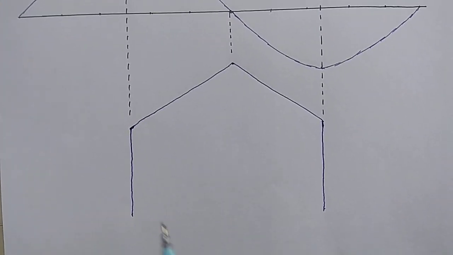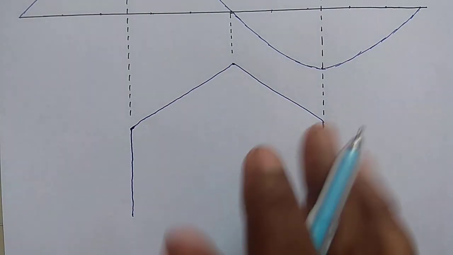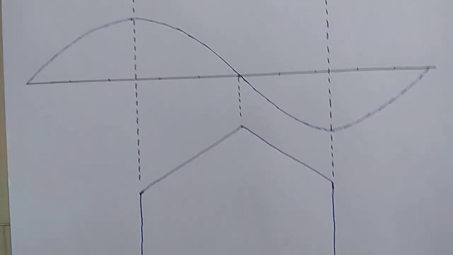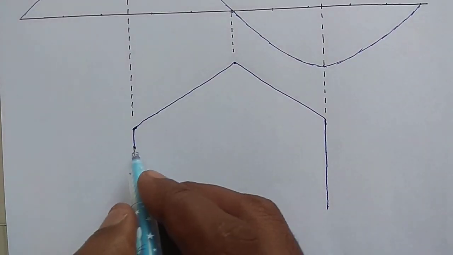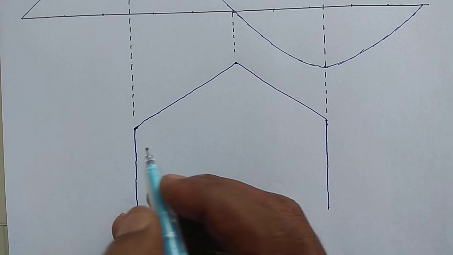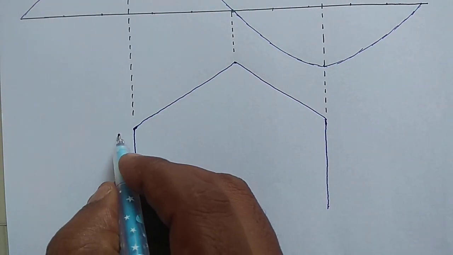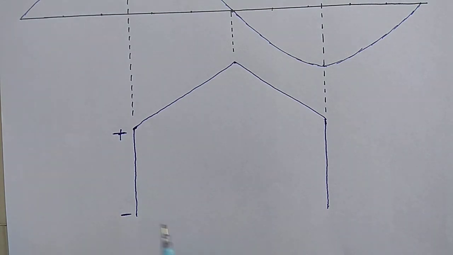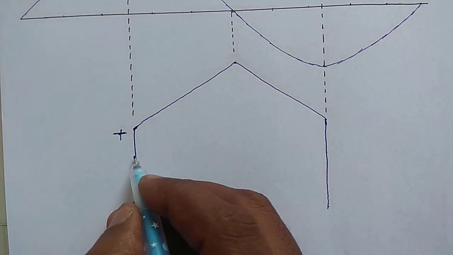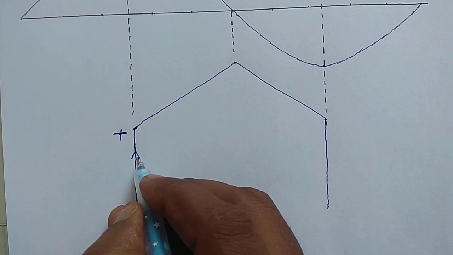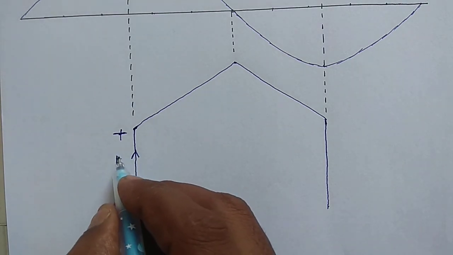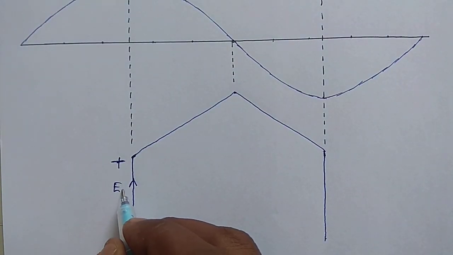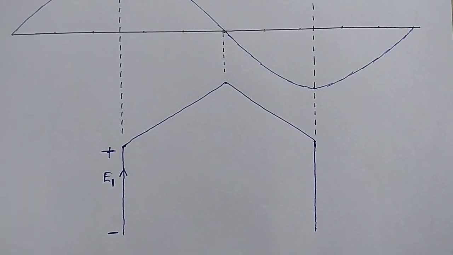The EMF induced in the first slot conductor is maximum positive, so I consider the polarity of this as positive at this instant, and this as negative, so the induced EMF is in this direction. Let this be the fundamental, so you consider it as E1.